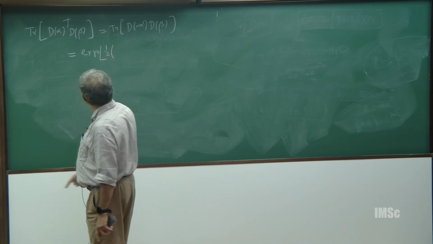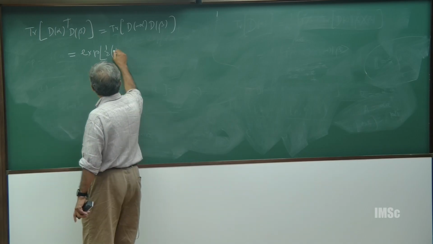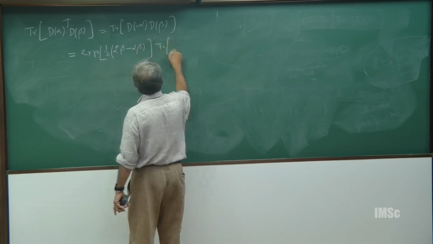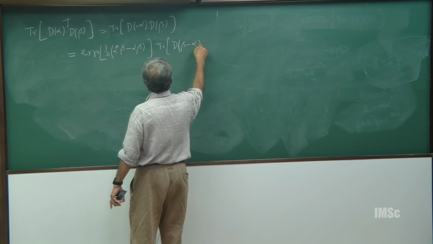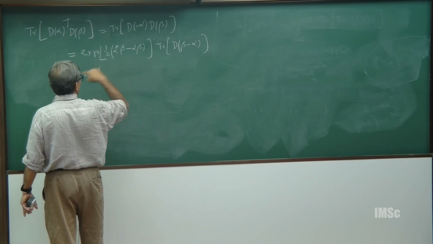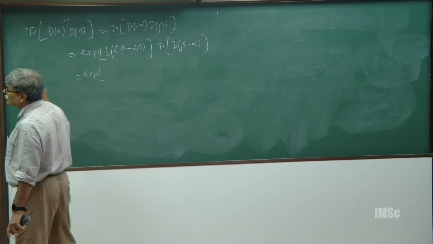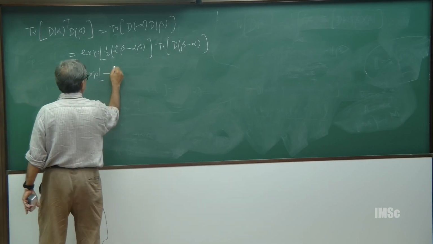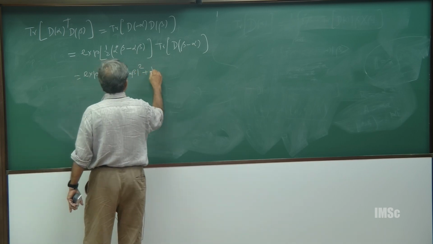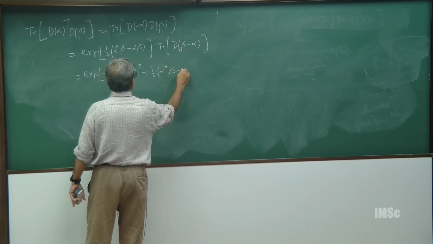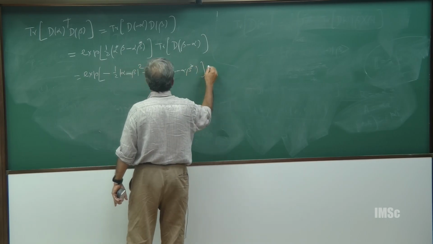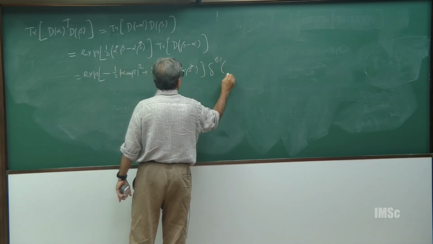No, there is a phase factor. Alpha star beta minus alpha beta star, exponential, then trace of D of beta minus alpha. Now, what about this trace? This is minus half alpha minus beta whole square plus half alpha star beta minus alpha beta star, then delta 2 of alpha minus beta.